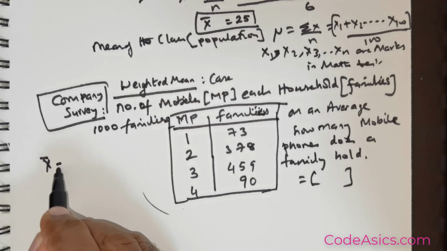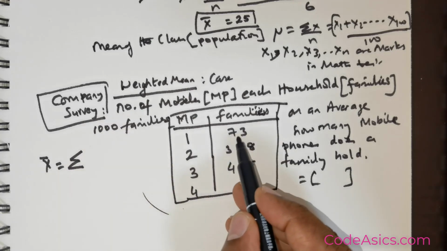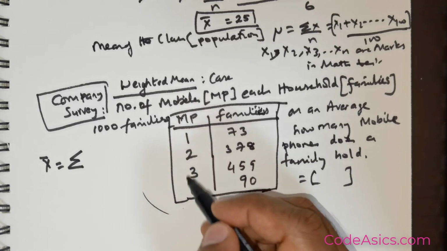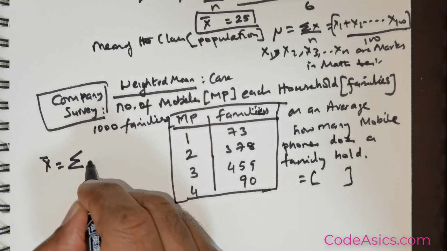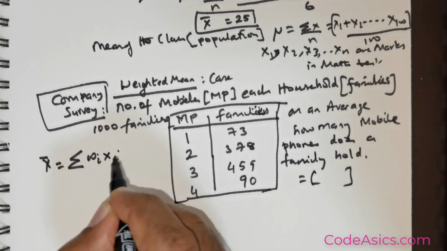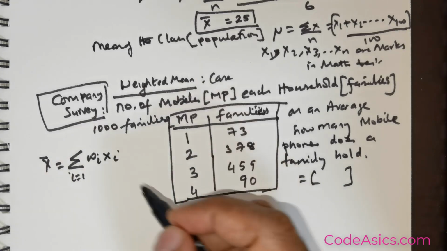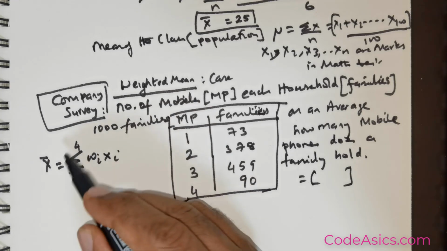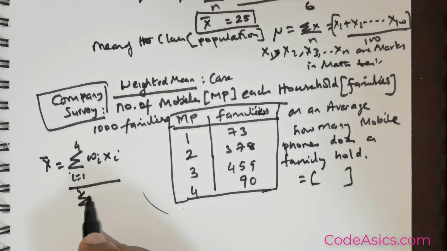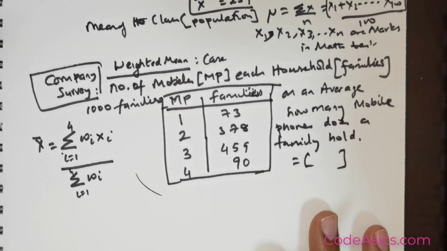So x bar is equal to sigma. Now these are taken to be the weights and these are taken to be the x's. So we would have to write the formula like this: wi times xi, i is equal to 1, 2, 3, 4, divided by sigma i is equal to 1 to 4 wi. So that is the all important formula that you need to know.